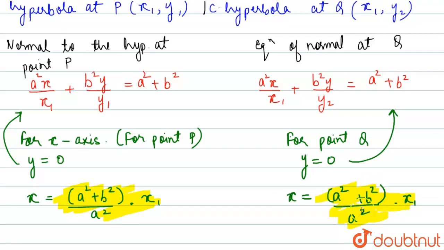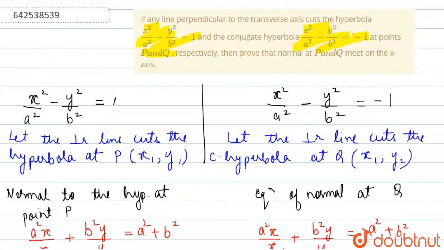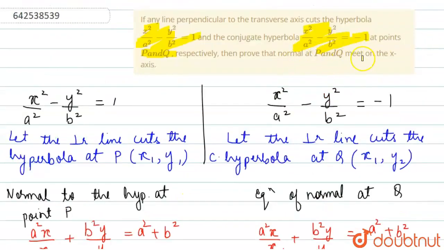So we can say that both the normals at P and Q meet at the x-axis, because the x coordinates are equal and y equals 0. Hence, we have proved that the normals at P and Q meet on the x-axis.